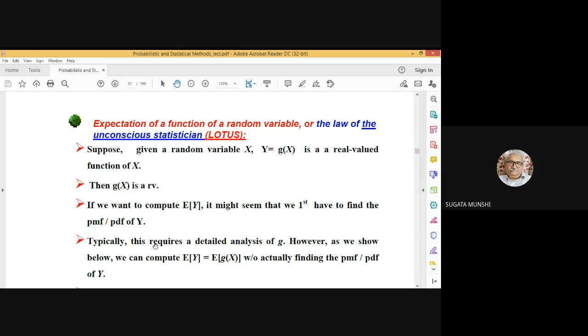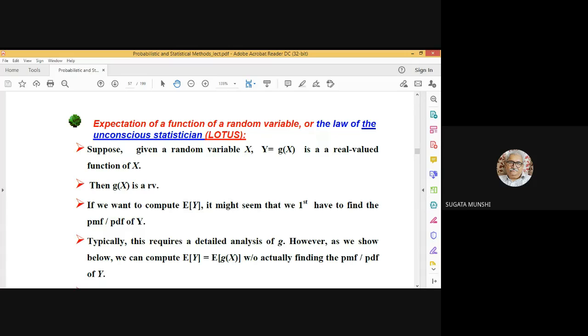Suppose you have a random variable capital X and say g(x) equal to y, that is a real valued function of x. Then obviously g(x) is another random variable. So how would you find out the expectation of g(x)?